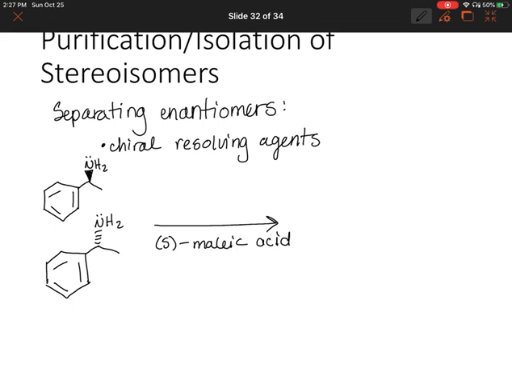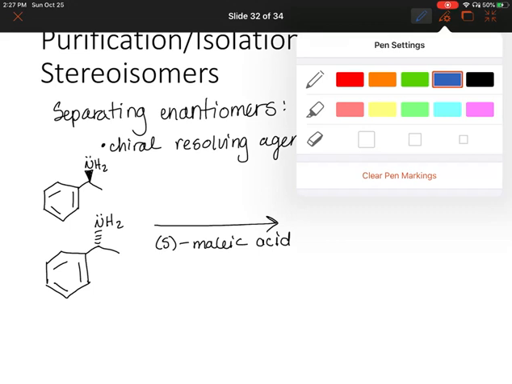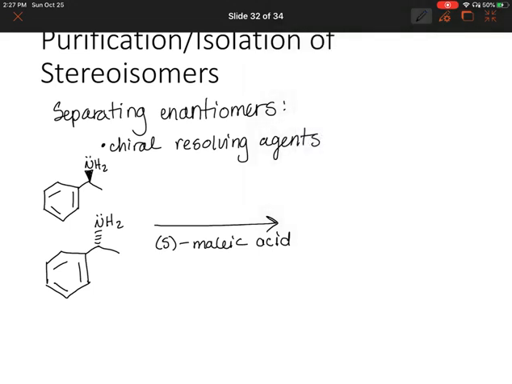Okay, so what ends up happening is the nitrogen on both of these molecules is going to attack an acidic hydrogen on maleic acid. So maleic acid, or S-maleic acid, looks like this.